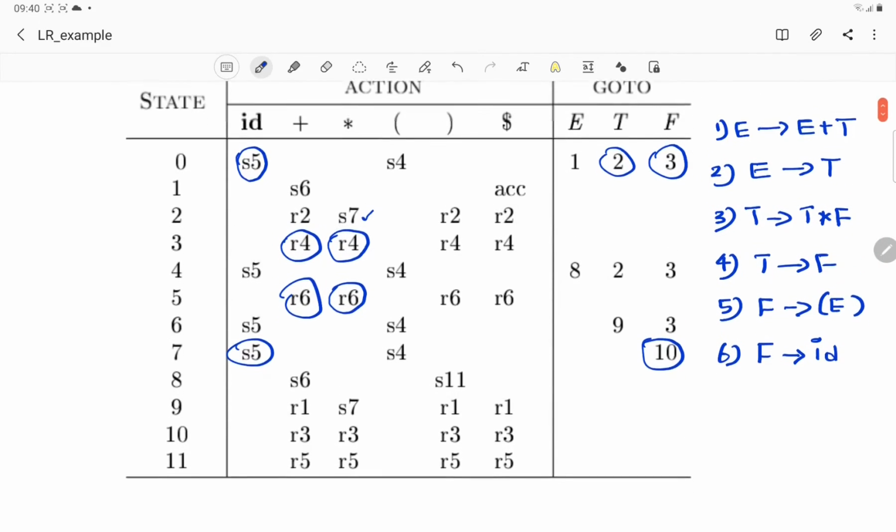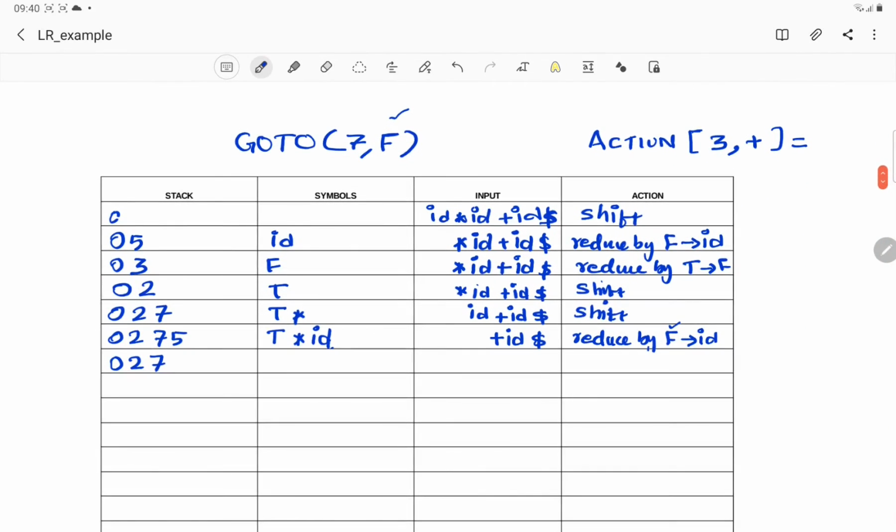That 10 will be pushed onto the stack, this id will become F, so T star F, and the input will be plus id dollar.